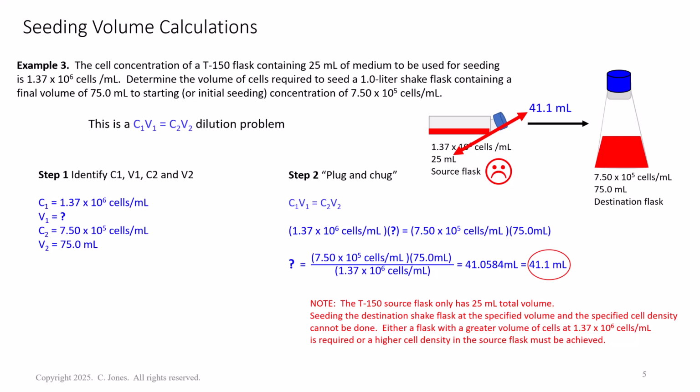But either way, we are not going to be able to meet the specifications indicated here, so we cannot proceed. And of course, that also needs to be documented, right? All right, and it'll be a deviation. And now we need to go figure out why we didn't have enough cells and enough volume, and if we need to do a corrective and preventative action so that this doesn't happen again.